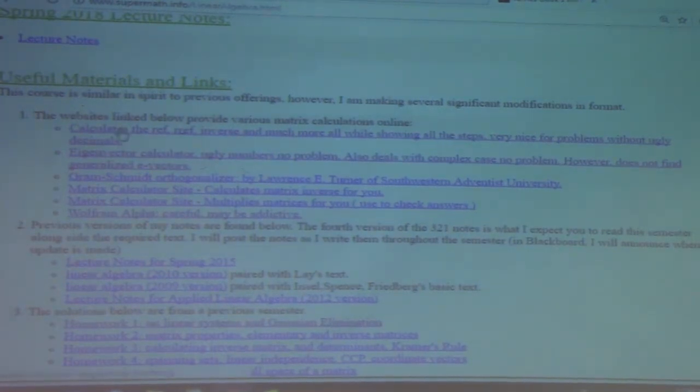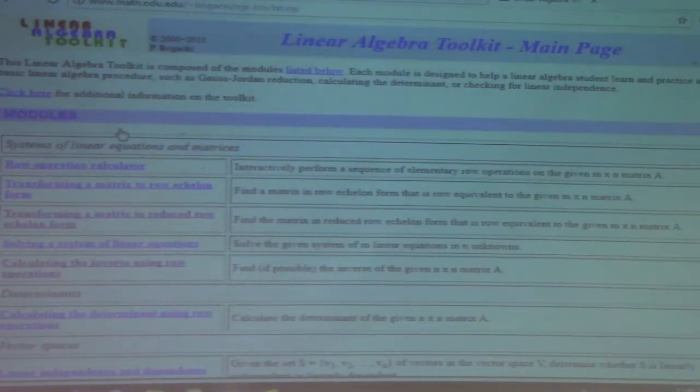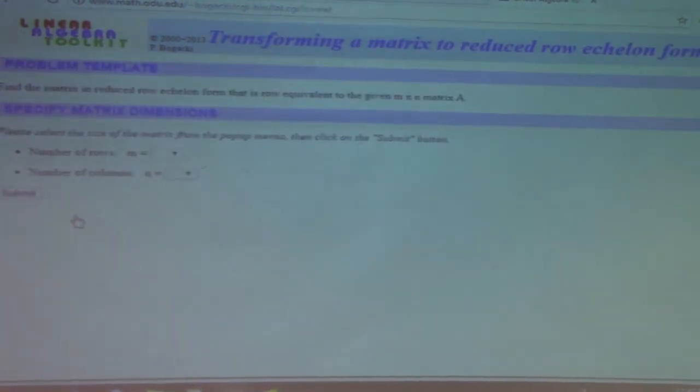The top one calculates the roof and more. Here we go: transforming a matrix to reduced row echelon form, which is what we're just doing. That is Gaussian elimination. Let's look at a bigger example. Let's do 4 rows and 8 columns.